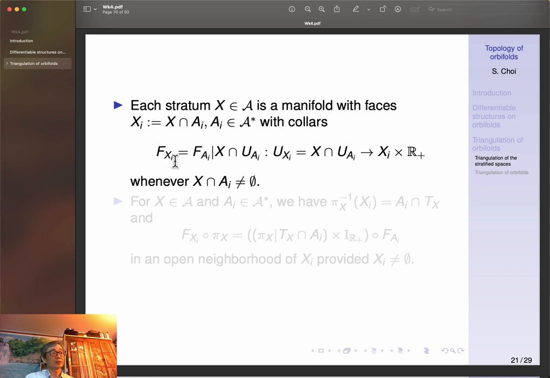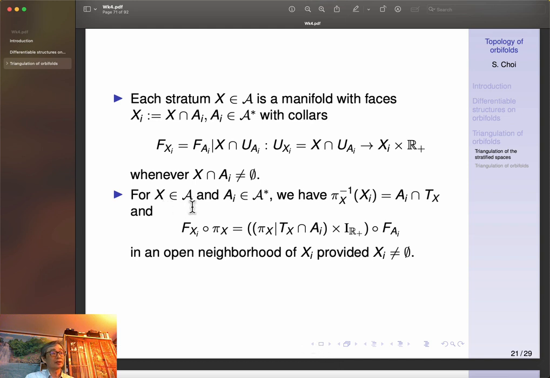Okay, so faces means that there are these functions. So F_{X_i}, which is a restriction of F_{A_i}, restricted to X intersect U_{A_i}, and U_{X_i} goes to X_i times R plus as a homeomorphism to its image, whenever X intersect A_i is not empty.